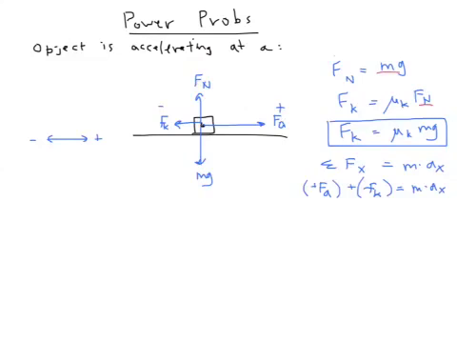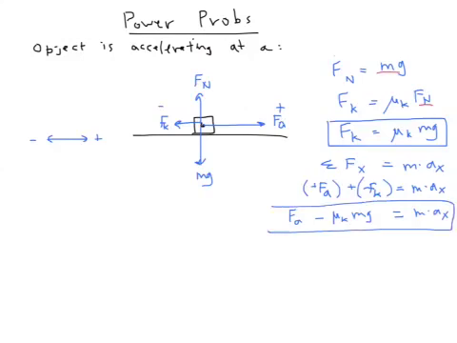But then Fk I can replace with mu mg. And that gives me this. So this is another equation you might be arriving at through your work. Again, like before, don't just memorize the boxed equations. These are things you want to be able to derive and use based on your problem solving.